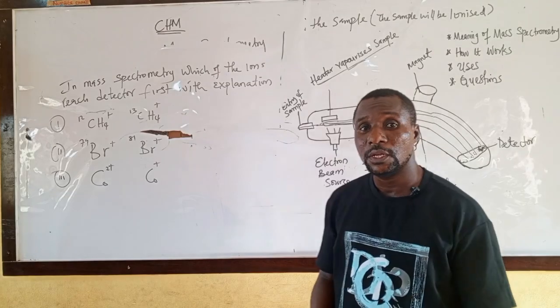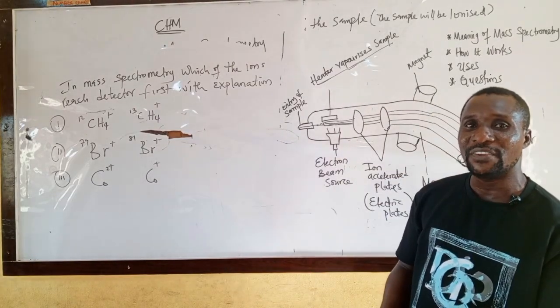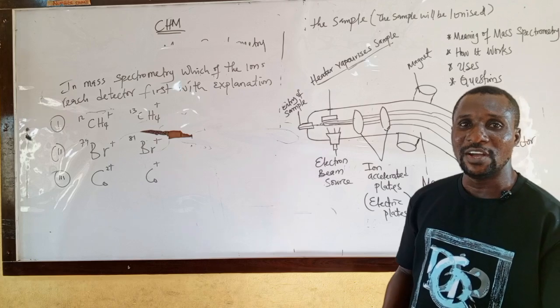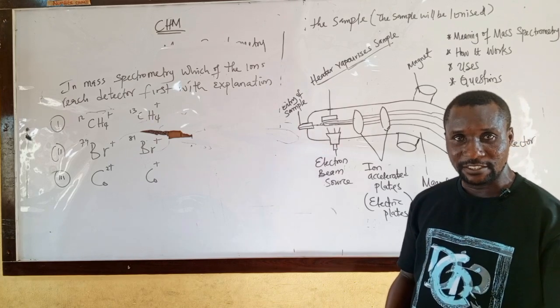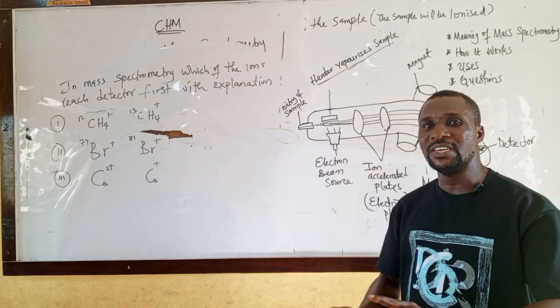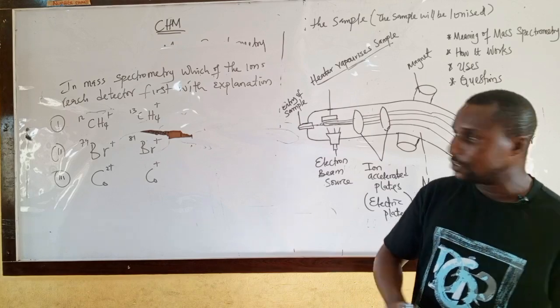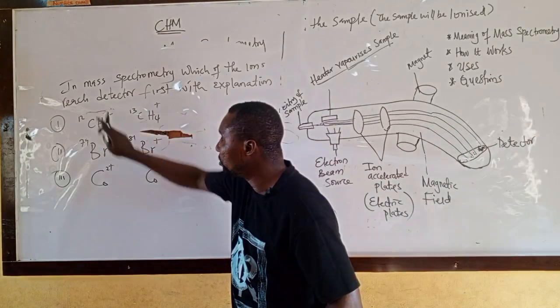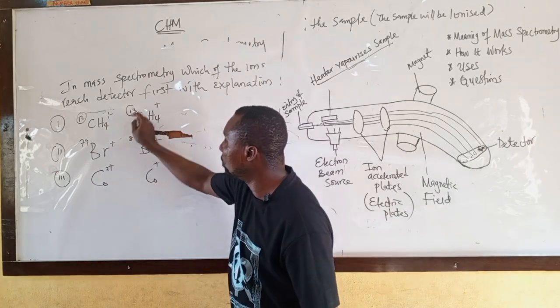I told you, the one that is light will be deflected more. The one that is heavy will be deflected less. The one that has more charge will be deflected more. The one that has less charge will be deflected less. Look at this. They have the same charge, but the mass of this one is 12 and the mass of this one is 13.